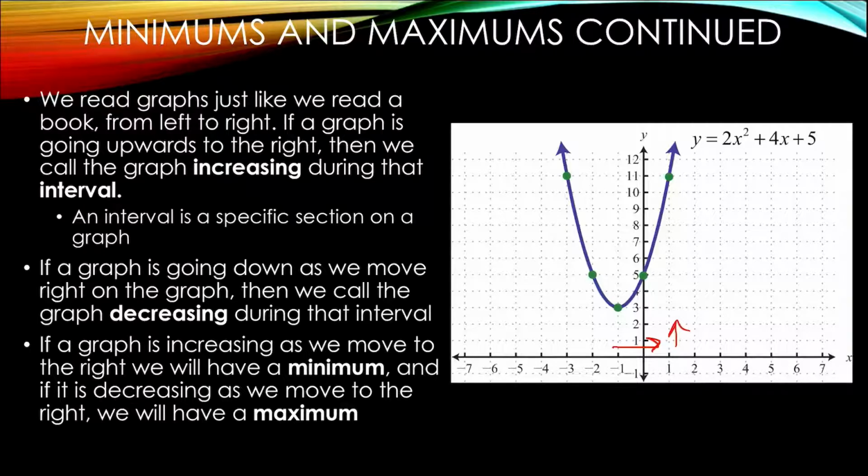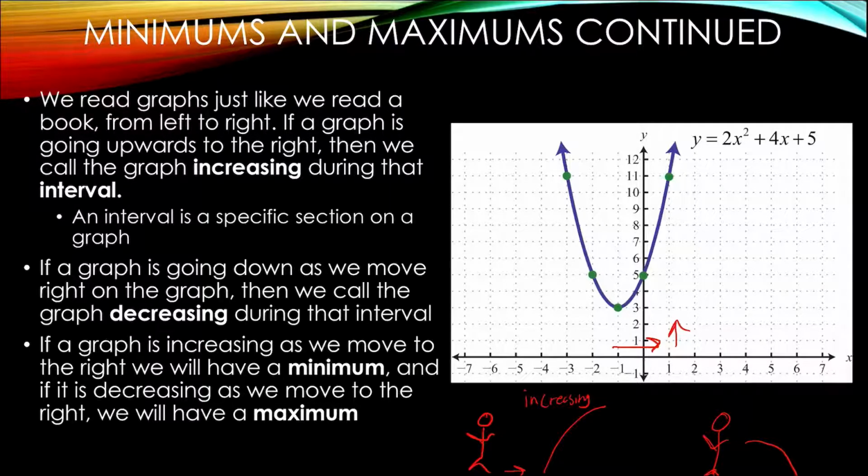I like to think about this as if I have a little person, and they're starting to walk. Are they walking up a hill, or are they going to walk down a hill? If they're walking up a hill, we're going to say that is increasing.